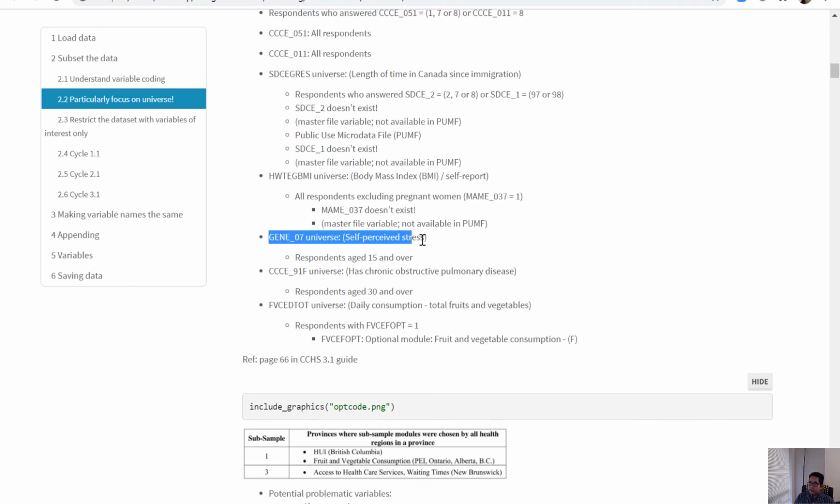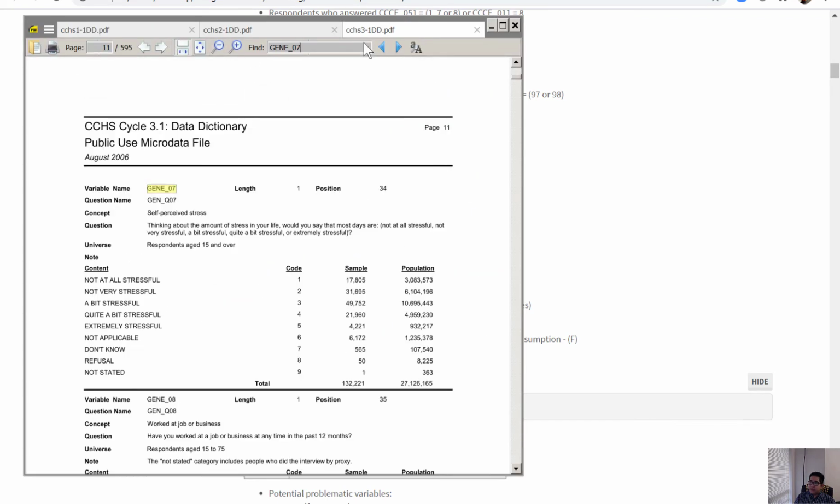So this particular variable, self-perceived stress, if you look at the original variable, you will see it has universe is respondents aged 15 or over. That means anybody who was below 15 years of age.